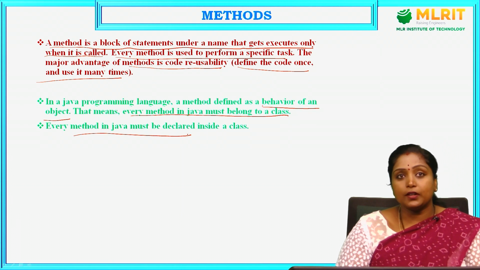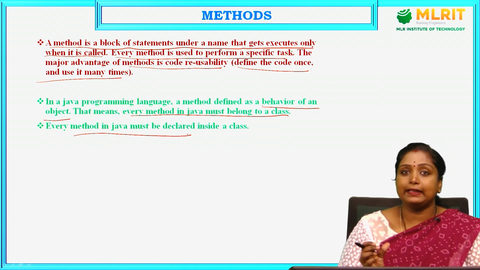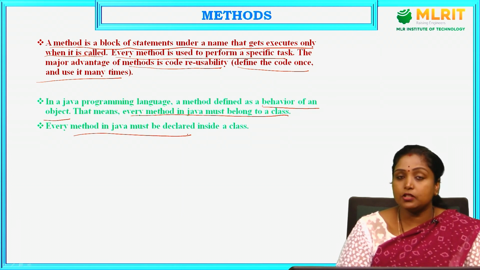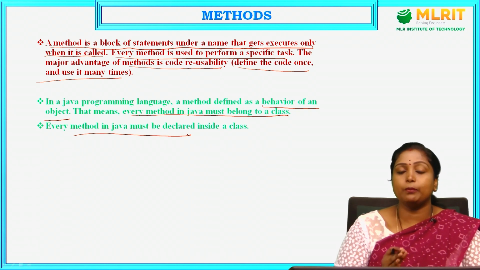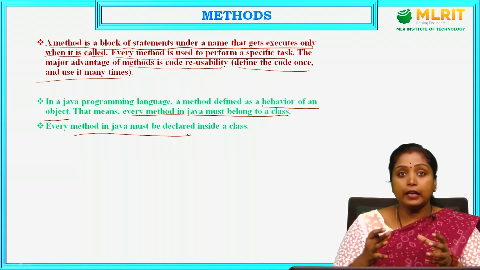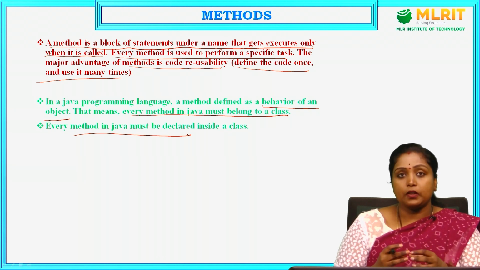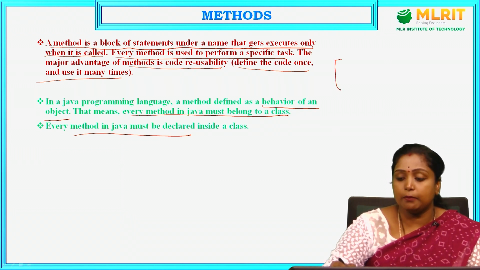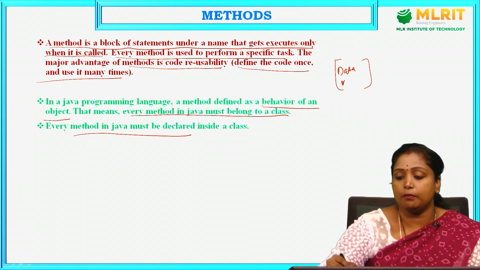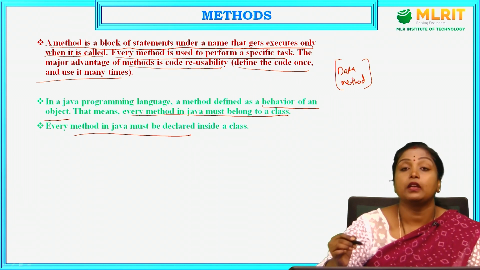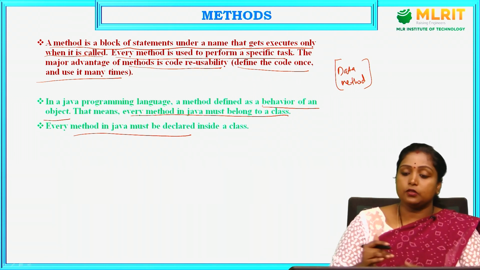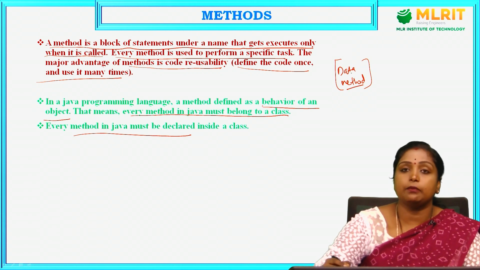Because we have already seen a concept called encapsulation. Encapsulation is nothing but binding the data and methods into one form, at one place. So what are these data members and member methods?